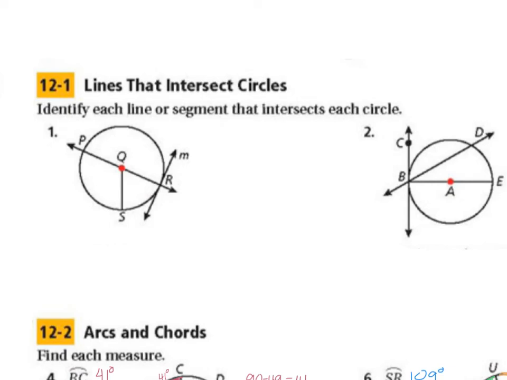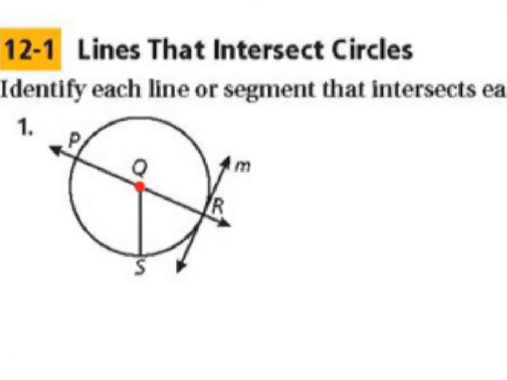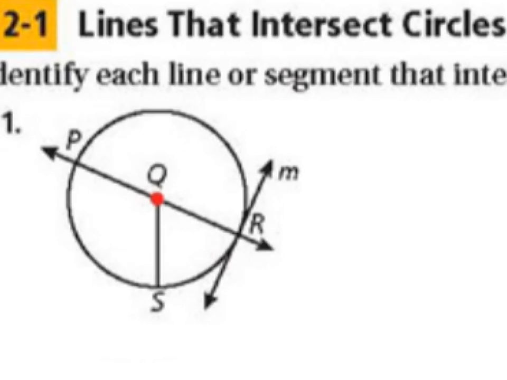So for number 1, we need to identify each line or segment that intersects each circle. So for number 1, I'm going to write down all the lines that we have here, and then we can go back and name them. So we have segment PR. We also have line PR.